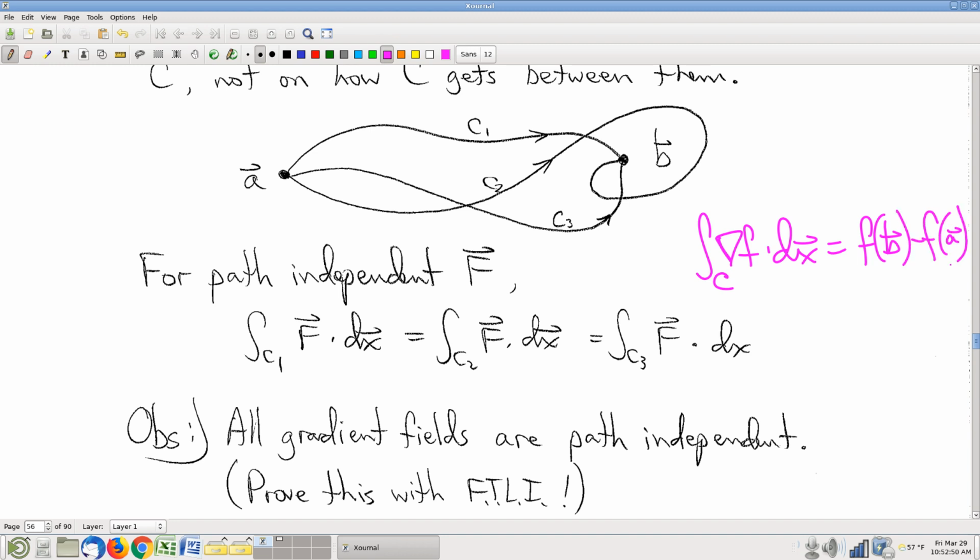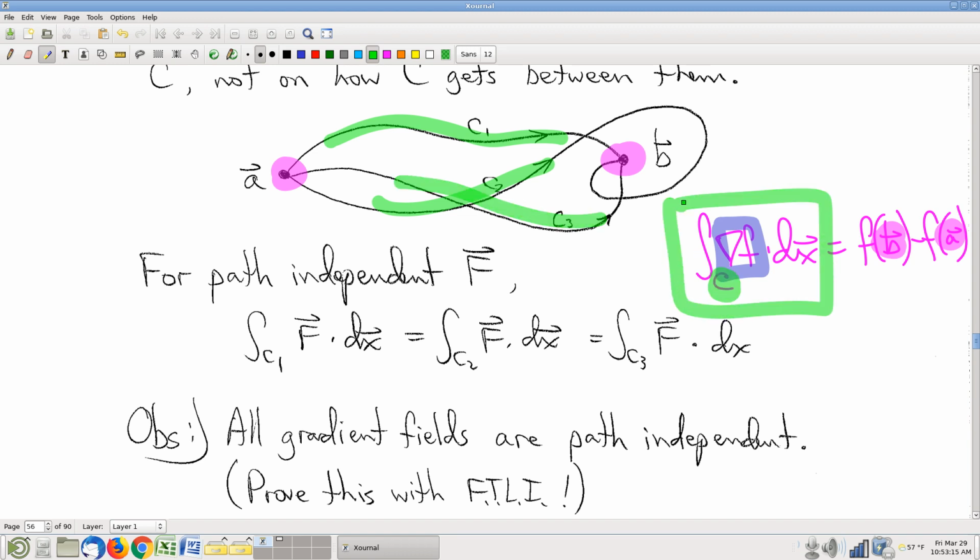Okay. Well, if we agree upon and fix these starting points A and B, then whatever gradient field we're talking about, along all of these different curves, this line integral is all going to give you the same value because on all of those different curves, I have the same starting point and the same ending point.